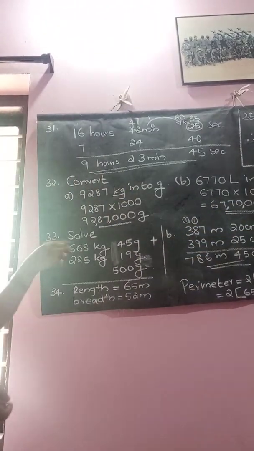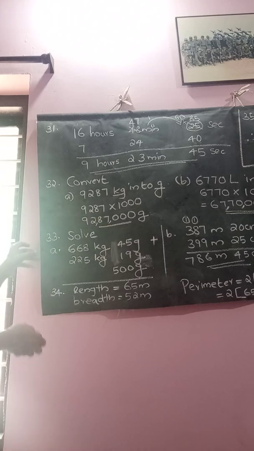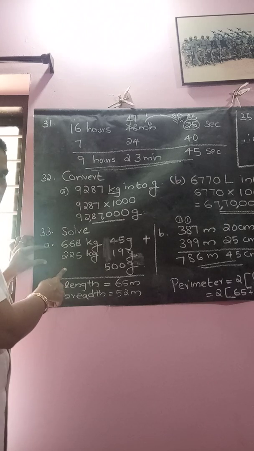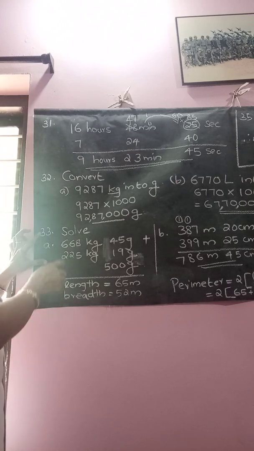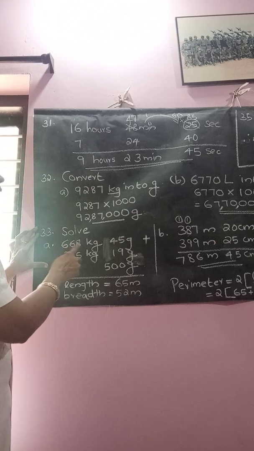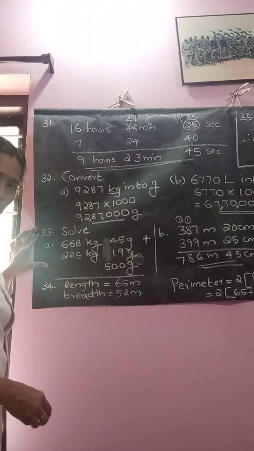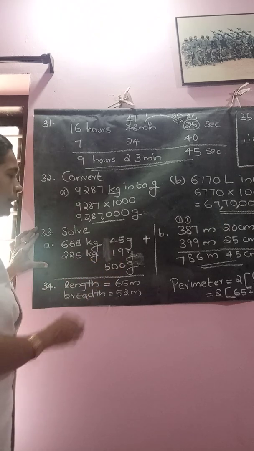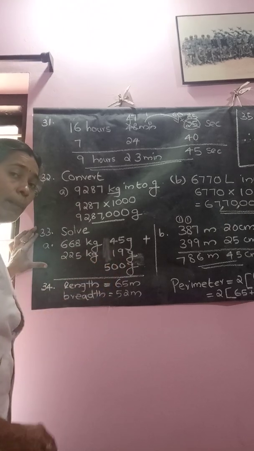Next one is solve the following. First one is addition of different weights. When we are doing addition, the first number is given as 668 kg 45 gram. The other one is 225 kg 19 gram. The third quantity is 500 gram only.